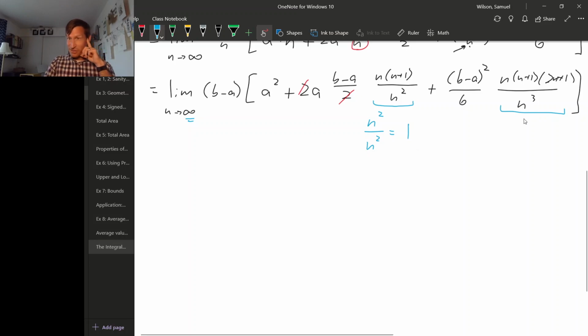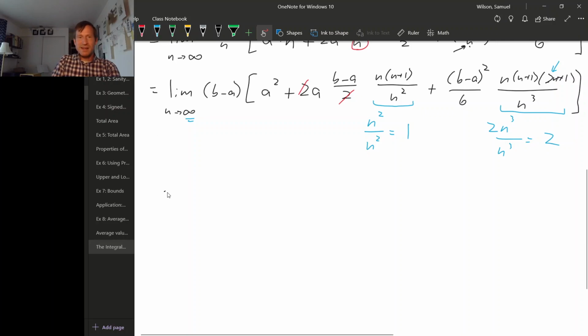All right, now let's do the same thing for this last piece. In the denominator, the leading term is n cubed. In the numerator, if you imagine multiplying this all out, your n cubed term would actually have a 2 in front of it because of that 2 right there. And so the limit at infinity is 2.